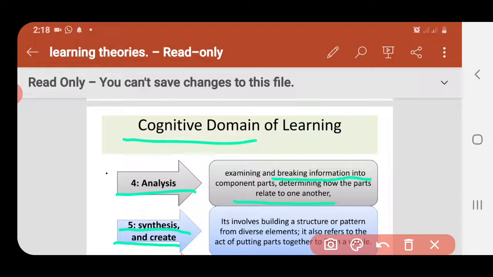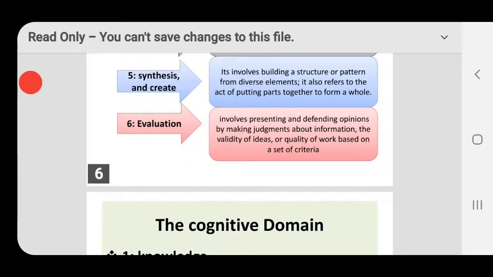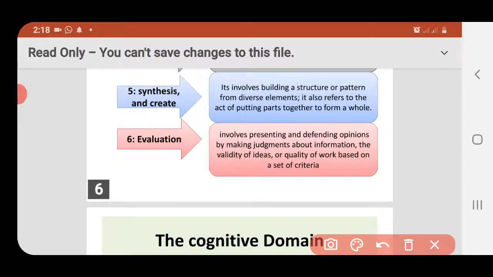and this is synthesis and creation. That is the fifth level of the cognitive domain. Synthesis and create are the same, so don't be confused. In some presentations they use create and in some they use synthesis. Both are related to the fifth level of the cognitive domain. It involves building a structure or pattern from diverse elements.